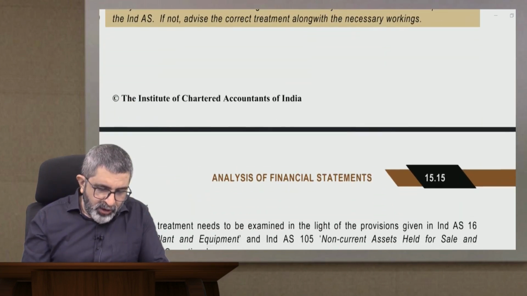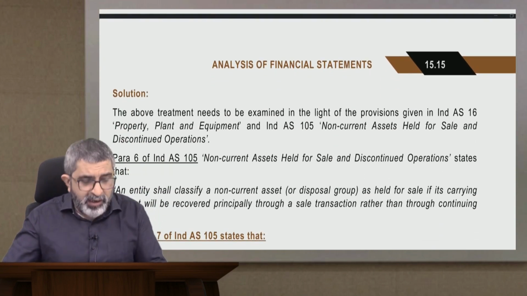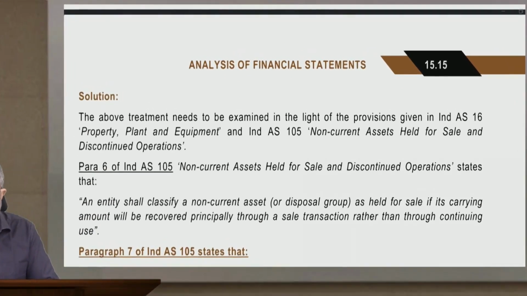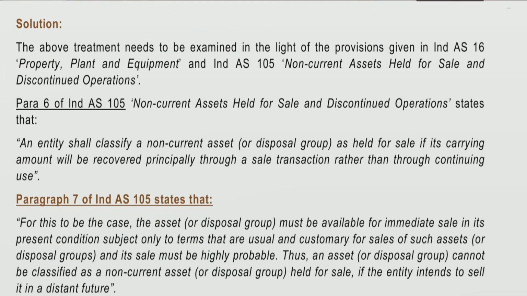And how would we go for the treatment? Let me read out the answer for you, what is suggested by the ICAI study material. Look at this solution, how it goes. It says the present treatment needs to be examined in the light of provisions given in Ind AS 16, Property, Plant and Equipment, and Ind AS 105, that is Non-current Assets Held for Sale and Discontinued Operations.